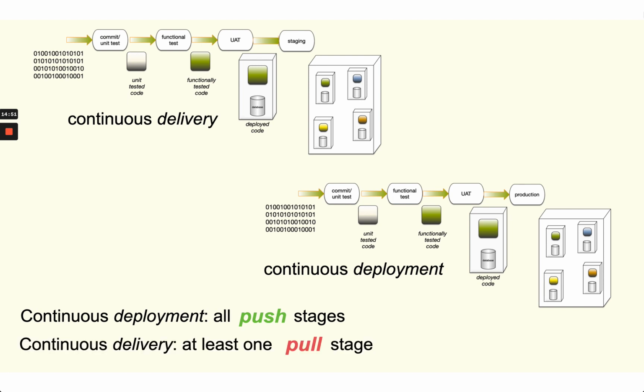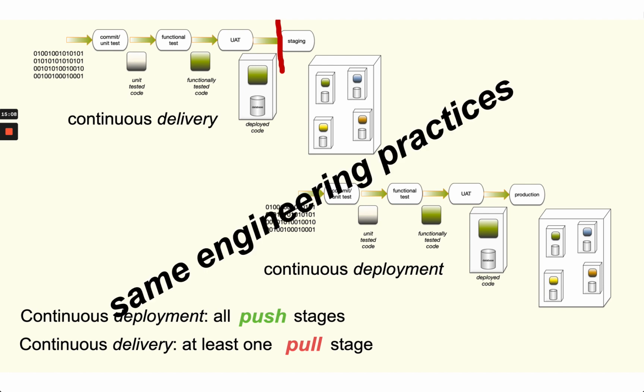Continuous delivery means it has at least one pull stage, like right here. And that's the fundamental difference between continuous deployment and continuous delivery. The goal is that you have the exact same engineering practices, and that whether you do continuous deployment is really a business decision, not a technology constraint.